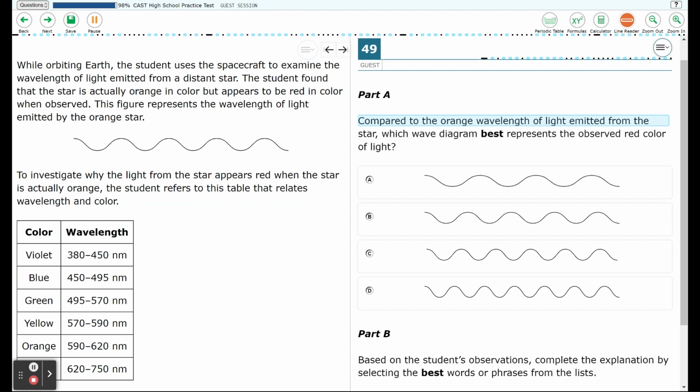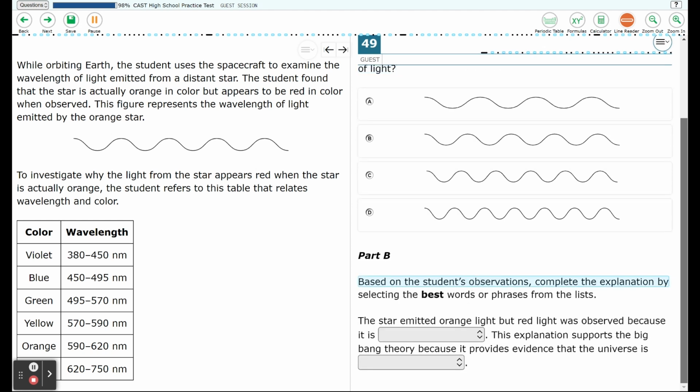49, Part A. Compared to the orange wavelength of light emitted from the star, which wave diagram best represents the observed red color of light? And Part B, based on the student's observations, complete the explanation by selecting the best words or phrases from the list.